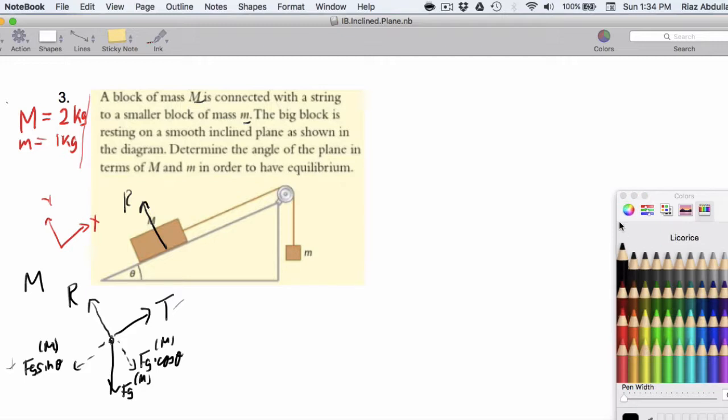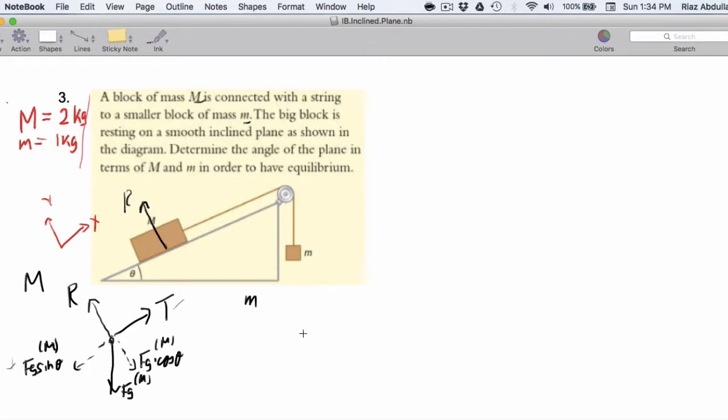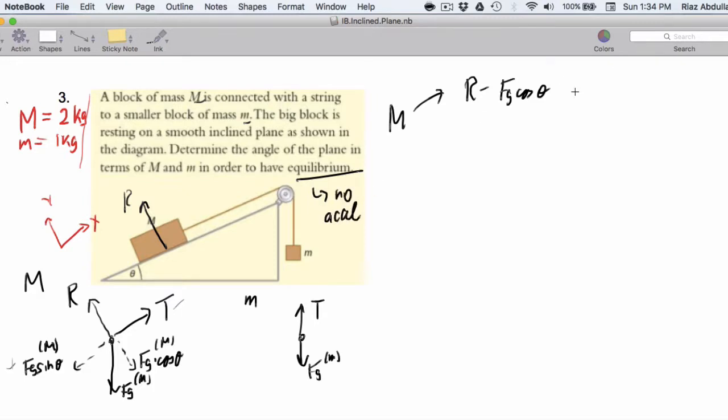And then for little m, similar thing. We're going to have tension pointing up, and we're going to have Fg of little m pointing down. And so, since we are in equilibrium, we can actually set up some equations. So for big M, we have R minus Fg cos theta. Equilibrium means no acceleration. This balances to 0.